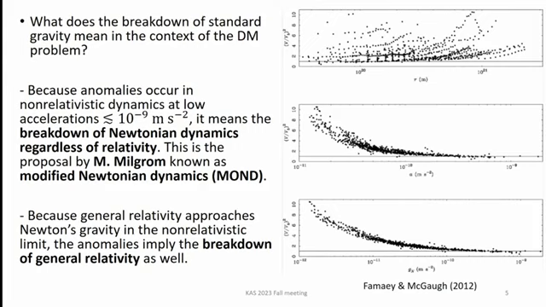Okay, that's why it is called modified Newtonian dynamics. It was first proposed by Milgrom 40 years ago, because general relativity approaches Newton's gravity in the non-relativistic limit. The anomalies mean a breakdown of general relativity. That's why it is a very, very big deal.